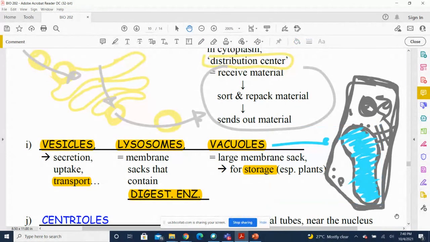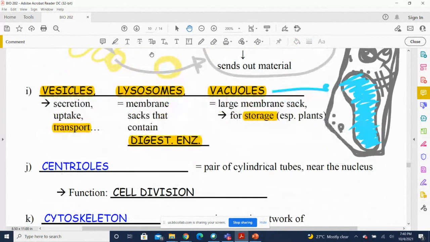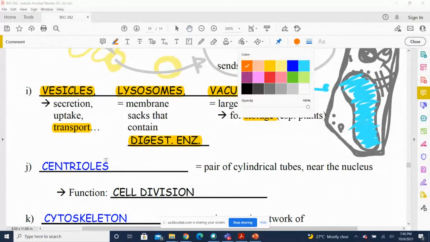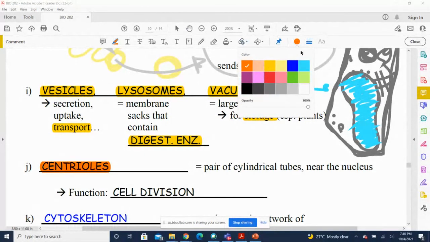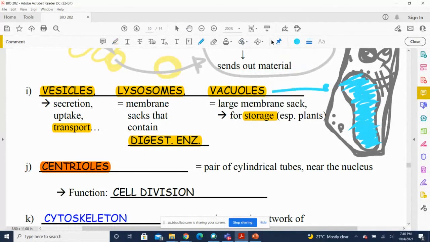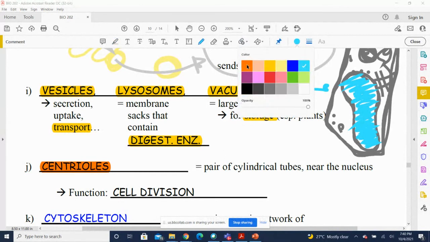So those were a few different kinds of sacs inside the cell. I mentioned these only very briefly, mainly because we're going to be talking about these in great depth later on in the course. Centrioles are tubes that play a role when the cell divides into two daughter cells.